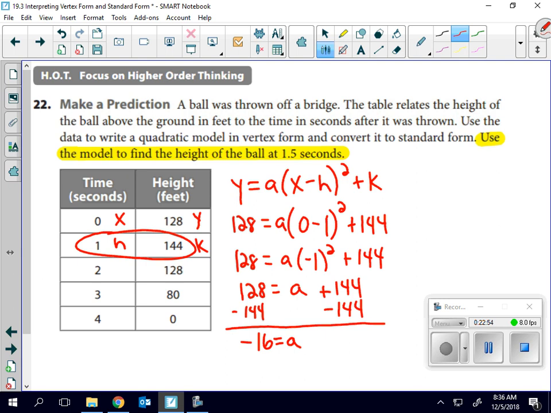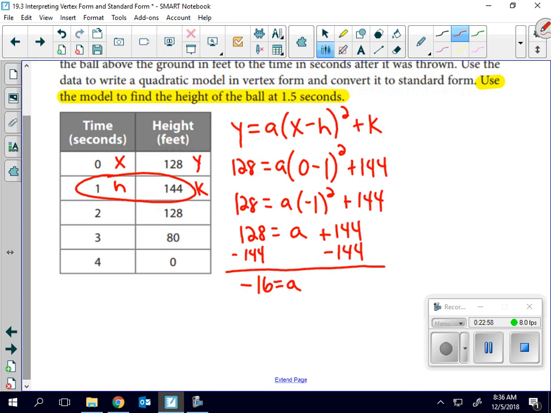Okay, so negative 16 is our a, so our vertex form, because they want us to do a couple of things here, looks like this: negative 16 times, we'll just use x because I don't know if it says t. Again, if it says t, please use t. x minus 1 squared plus 144. Remember, you leave the x and y's as variables. Everything else is numbers. So that's vertex form.